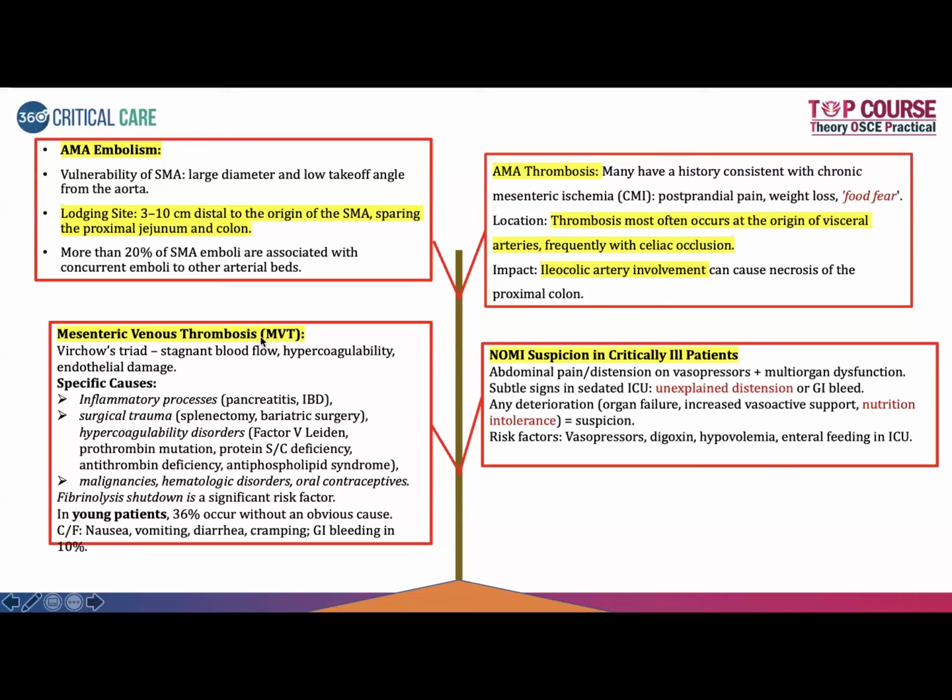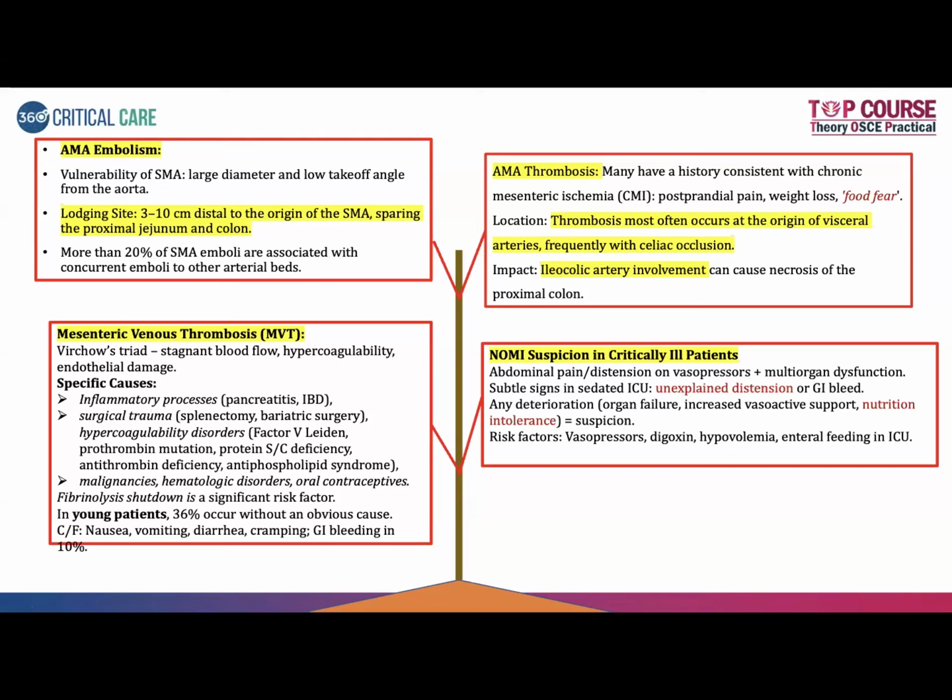Mesenteric venous thrombosis is mainly due to a triad. We know Virchow's triad, which involves stagnant blood flow, hypercoagulability, and endothelial damage. This venous thrombosis is usually because of local pathology, like some inflammatory process going on: pancreatitis, inflammatory bowel disease, or some surgical trauma like splenectomy, bariatric surgery.